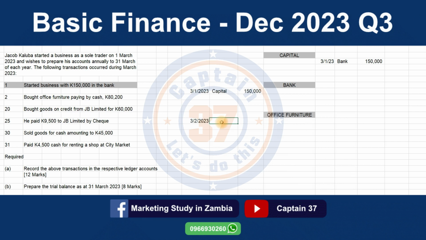So the other account that we're dealing with here is the cash account. How much is involved? 80,200 kwacha. Is that it? No. We need to open a cash account. And this cash account is being credited because it was giving out. The transaction date is 2nd March 2023.